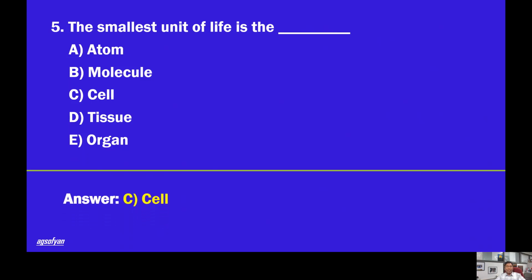Cell is the smallest structural and functional unit of life. So a living organism consists of many cells, or there are also some organisms that only have one cell, like bacteria and some of the protists.